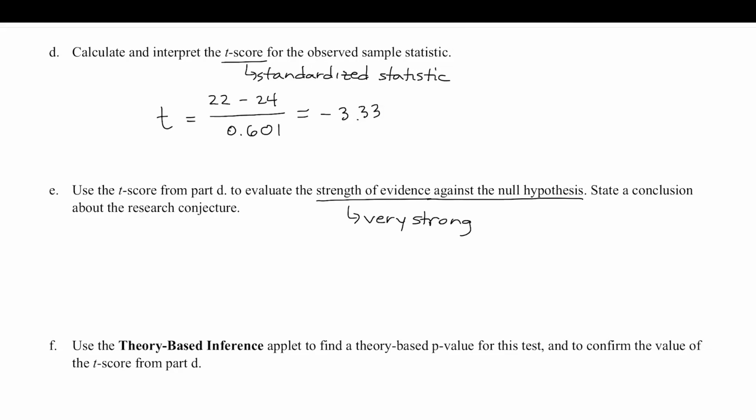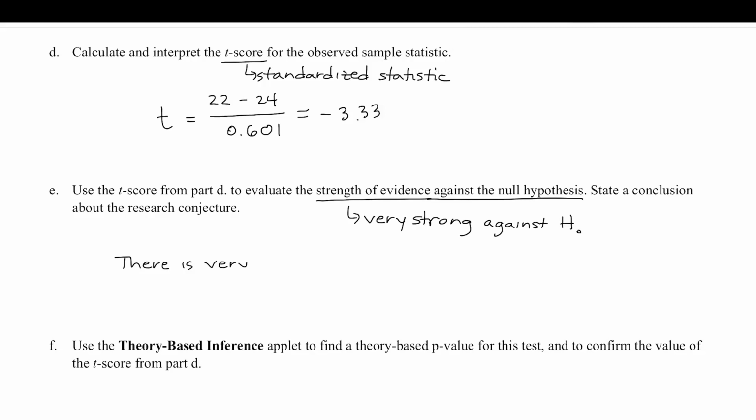But then we want a conclusion about the research conjecture. The research conjecture was the alternative hypothesis. If we have very strong evidence against the null hypothesis, that means the null hypothesis is probably not the truth. So the alternative is probably the truth. But I say probably because we don't actually know what the truth is.